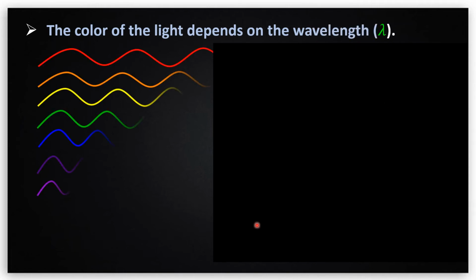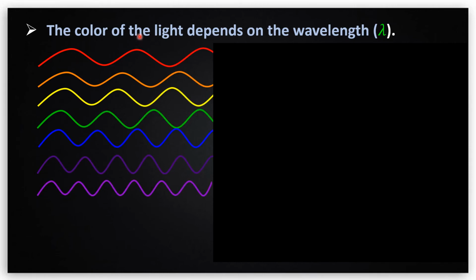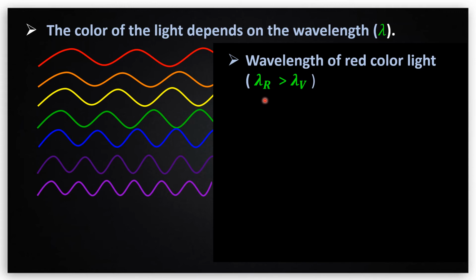You can see here, these are the different colors having different wavelengths. From here to here is lambda r, the wavelength of red color light. From here to here is lambda v, the wavelength of violet color light. You can see here, the wavelength of red color light lambda r is greater than lambda v. Lambda r means wavelength of the red color light, and lambda v means wavelength of the violet color light.